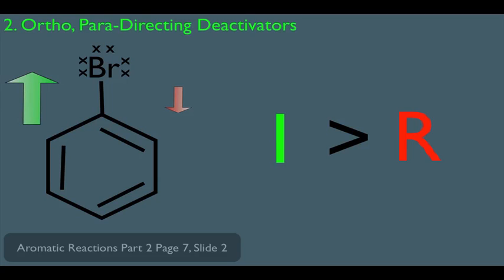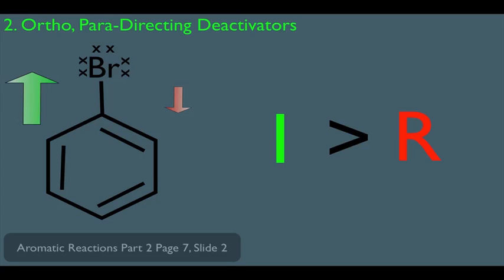Now, just as we talked about in the last lecture, knowing that one particular effect is stronger than the other is not something we can determine just by looking at the substituent. The fact that in this case the inductive effect is more powerful than the resonance effect is just a fact about this substituent that was determined in the lab by running the reaction. So basically this fact is just something we have to accept and memorize. And it's always going to be true for these ortho-para-directing deactivators.